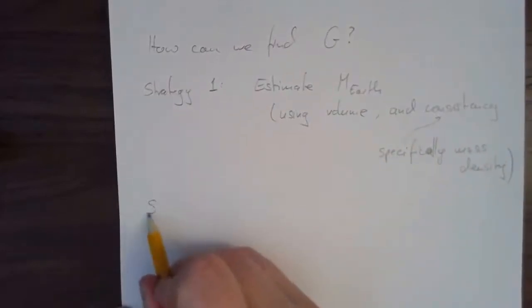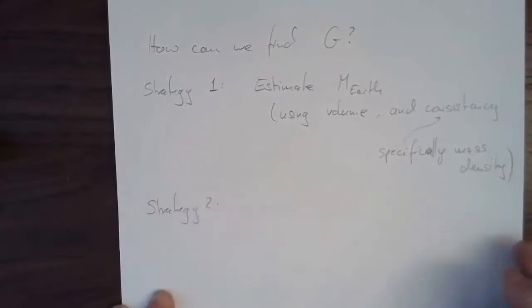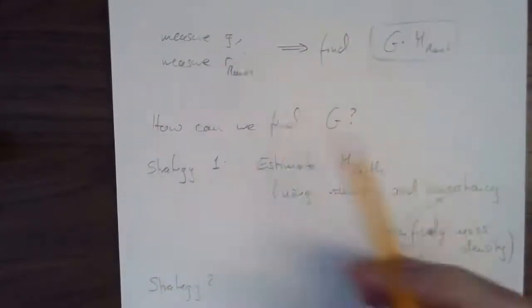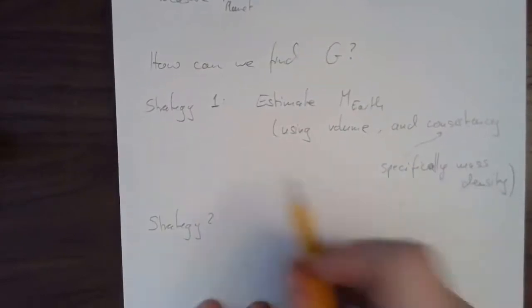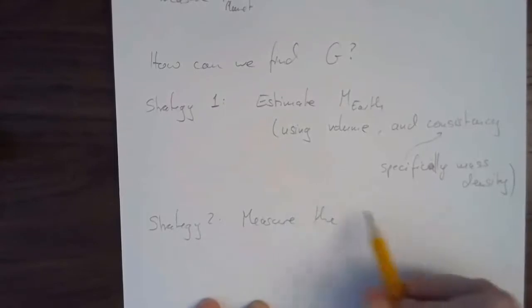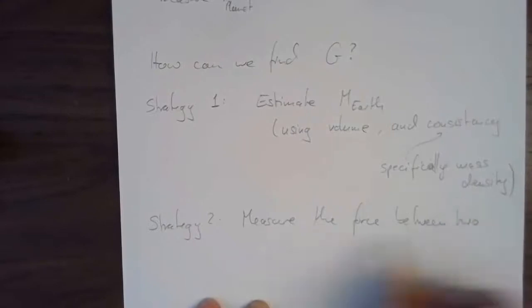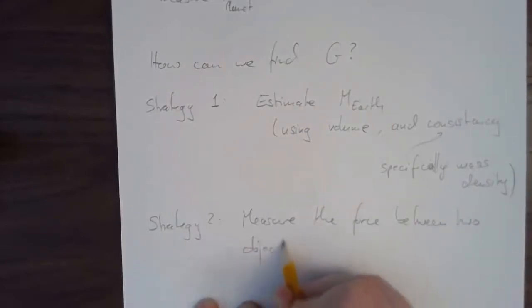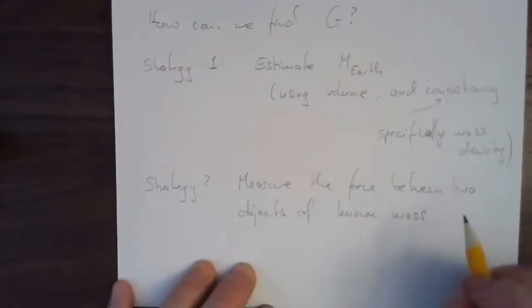So what's our second strategy? Well, my second strategy is not to measure g, but to just measure the force between two objects of known mass. The gravitational force. Right, the idea is this.